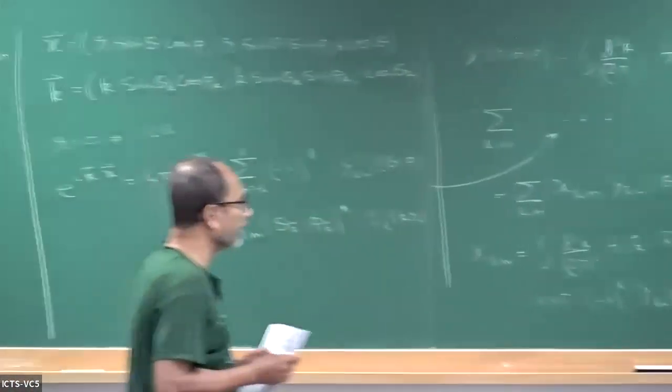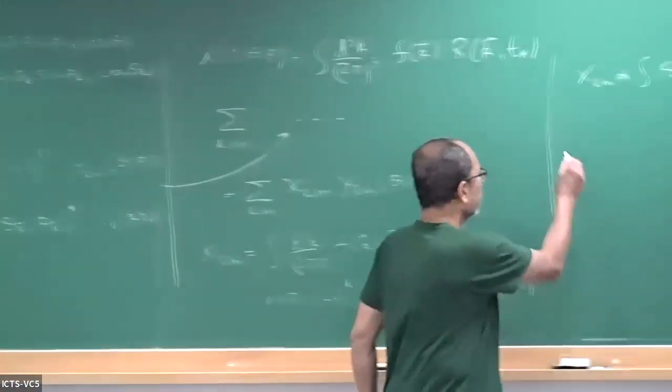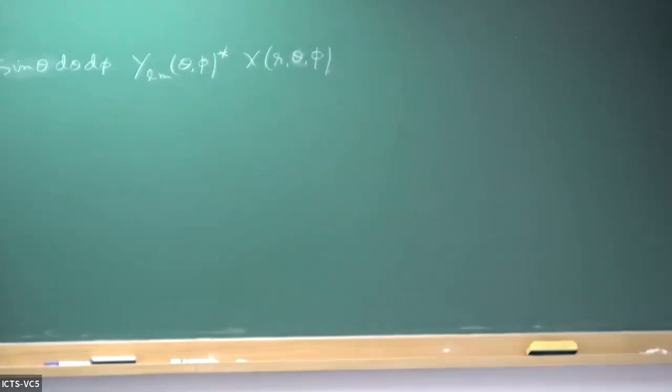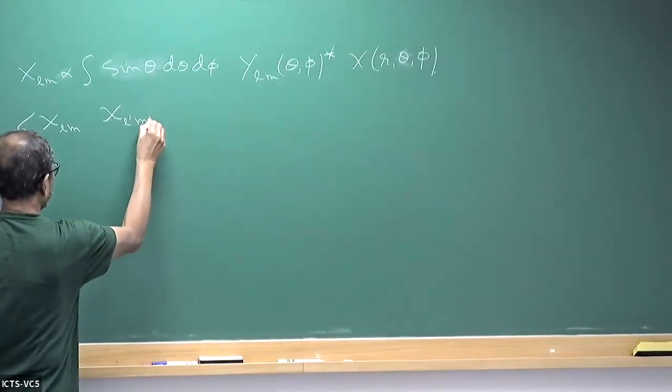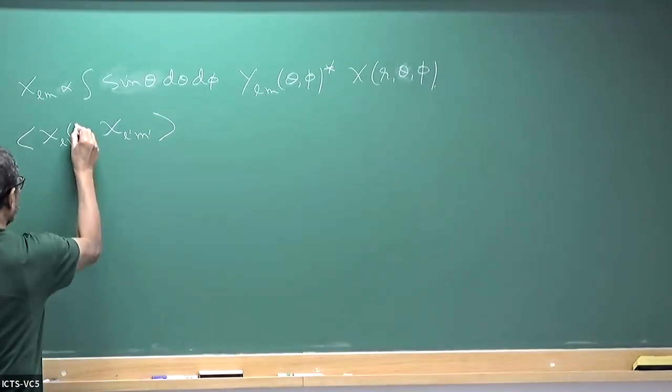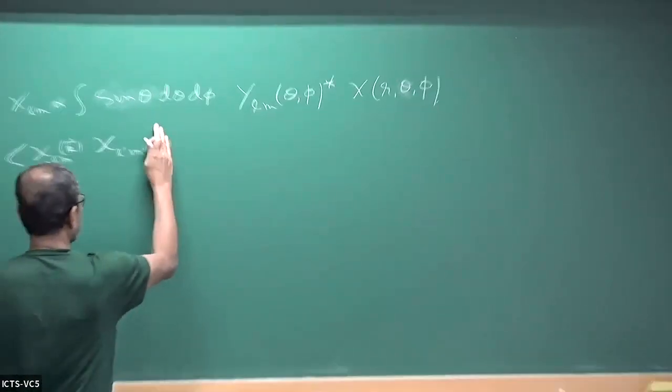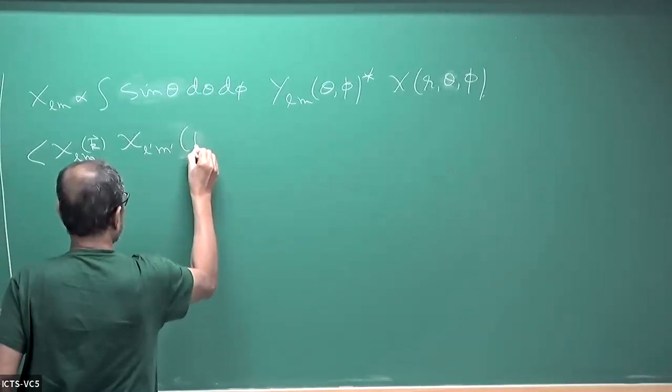Okay, so I'm going to write down the expression for this quantity, chi l'm' chi lm star, with k prime.